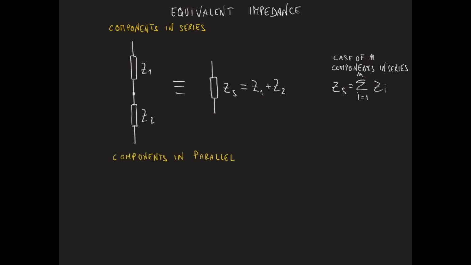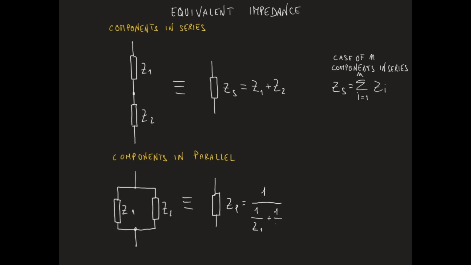If instead we have two components in a parallel configuration, one with impedance Z1 and the other with impedance Z2, the two components can be replaced with an equivalent one with impedance Zp equal to 1 over 1 over Z1 plus 1 over Z2.